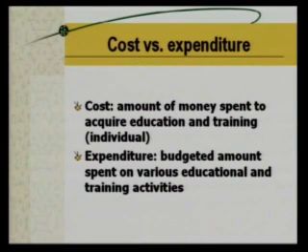But when the government makes that expenditure, that would be called expenditure, because the government would make a budget and the government is spending from that budget, or the institution is spending from that budget on various educational and training activities. Also from the institution or the provider's point of view, it could also be considered cost, but that cost would be basically different when we talk about individual cost.